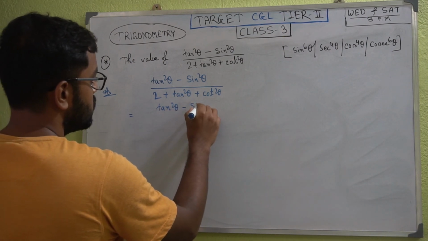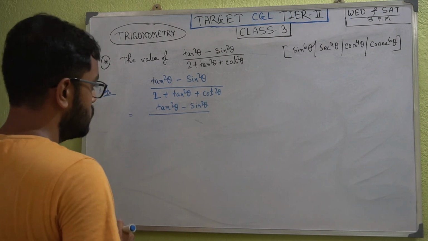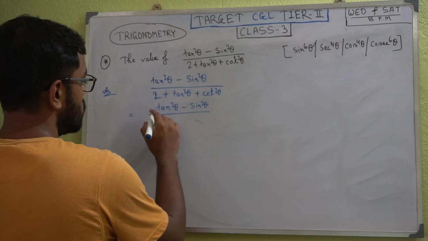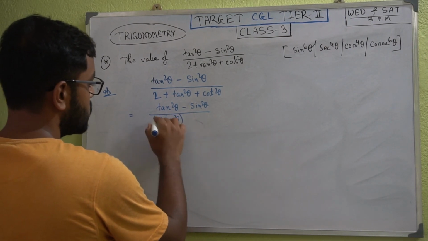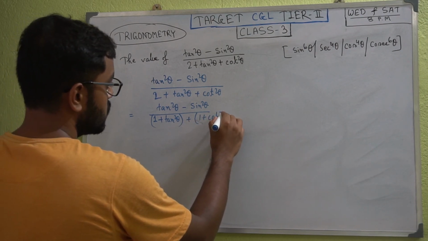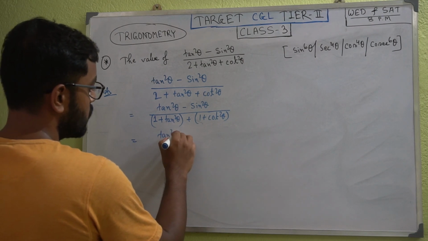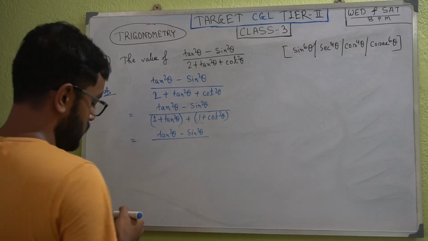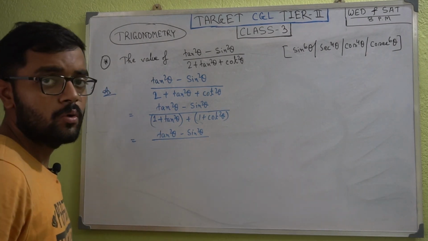Tan square theta minus sin square theta by, we can use these two as 1 plus 1, so 1 plus tan square theta plus 1 plus cot square theta. We know that sec square theta minus tan square theta equal to 1.